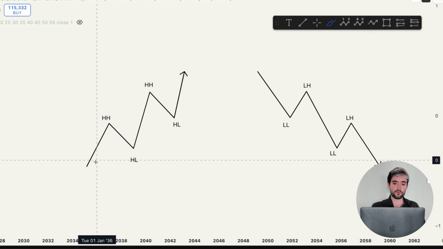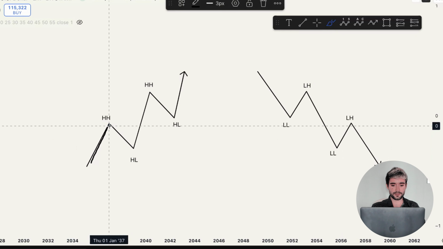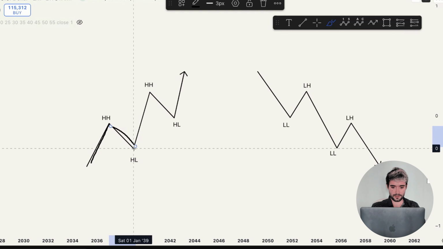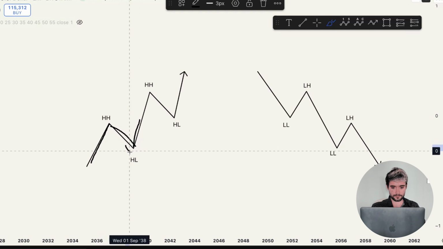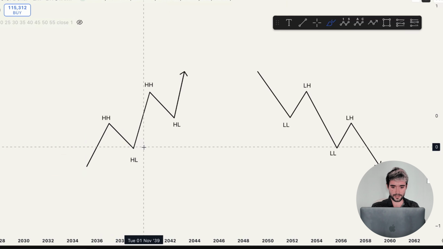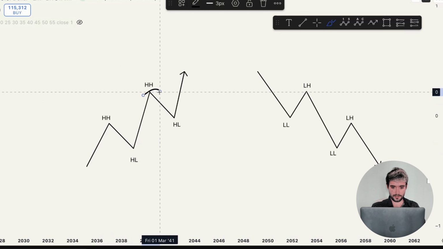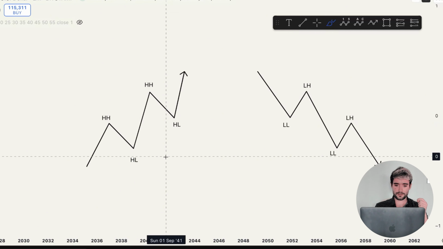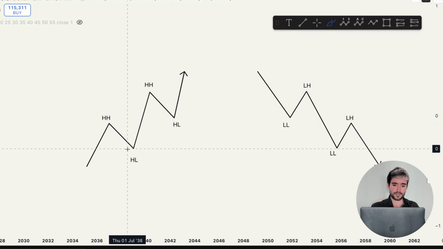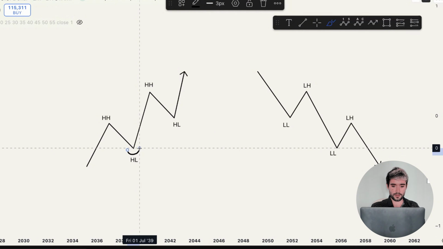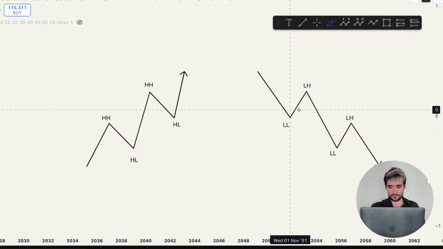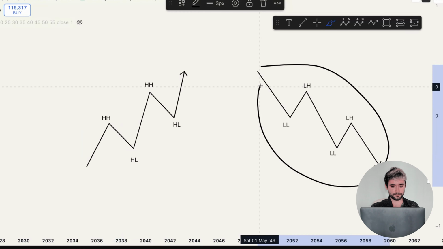We can see price had a move up followed by a pullback. After this pullback and price expands, this higher low is formed, continuing on to make a higher high and a pullback creating a higher low. What's also important to understand is that in real time, you don't know that this is a higher low until this higher high is run. Same thing across the bearish trend, just inverse.